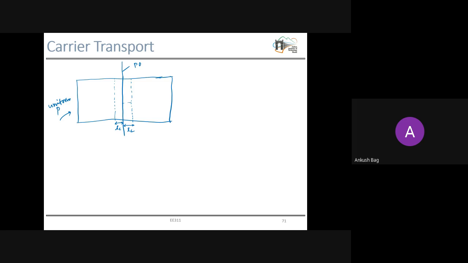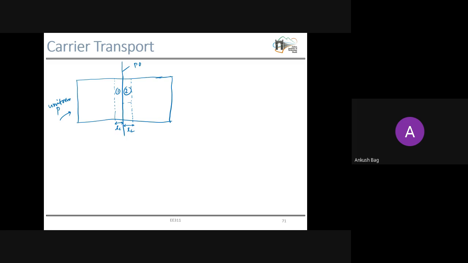After that, it will have a collision, or it will get scattered by some carriers, lattice or ionized impurity. So maximum it can travel this distance of LC. That is why I am considering this LC from the plane of observation towards the right side as well as the left side. We can name them section 1 and section 2, and this is the plane of observation.